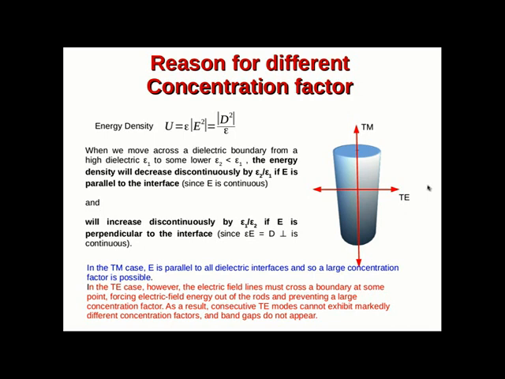Similarly, if we consider the TE polarization, we know that D field is continuous. So if D field is same throughout, if we move out of the rod, we see that epsilon is less outside the rod and epsilon is more inside the rod. So energy density is greater outside the rod and lesser inside the rod.